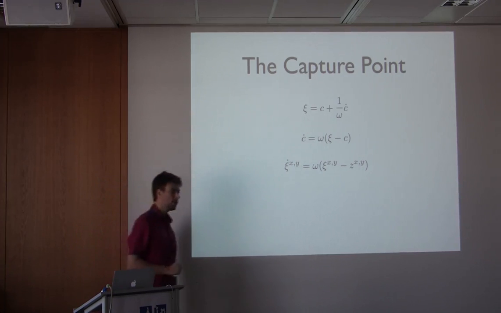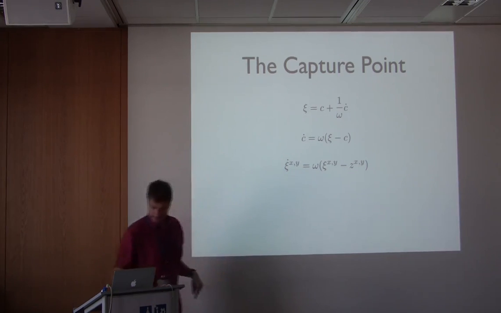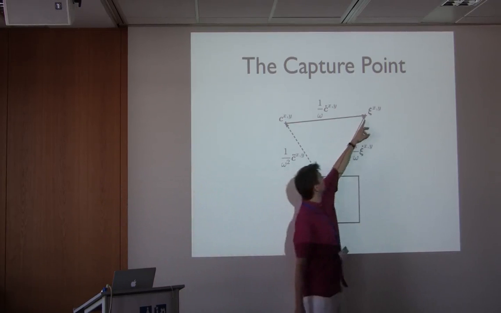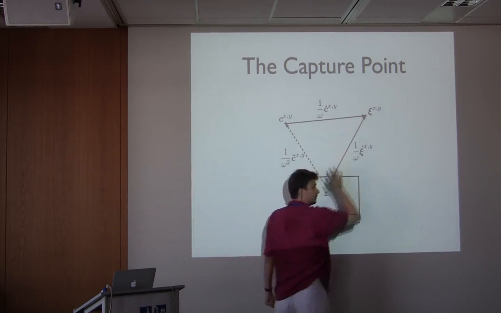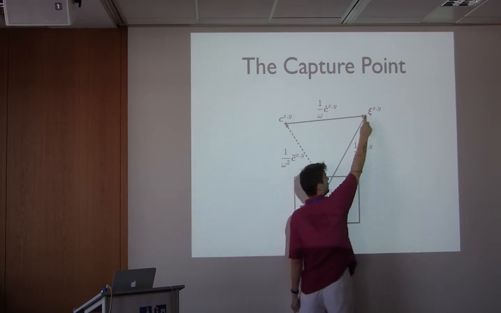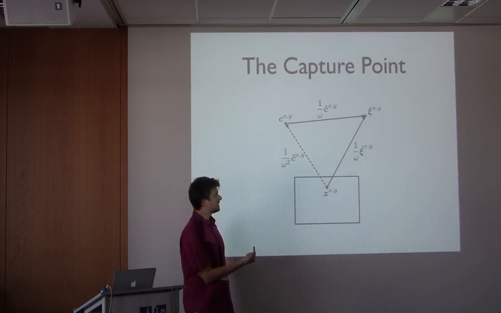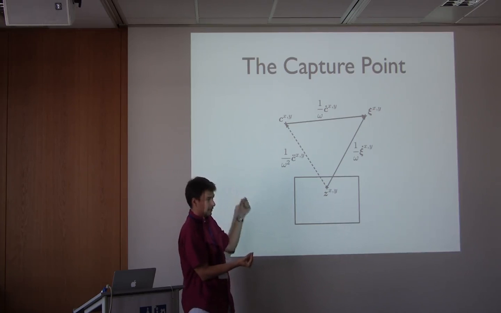And then it's called the capture point. And why? Because if you see on the plot here, if xi is here, then you can decide to put your foot here. And if you decide to put your foot here, then you can put z exactly above xi, so in that case z and xi are in the same horizontal position. So xi doesn't move, and the center of mass converges to it.